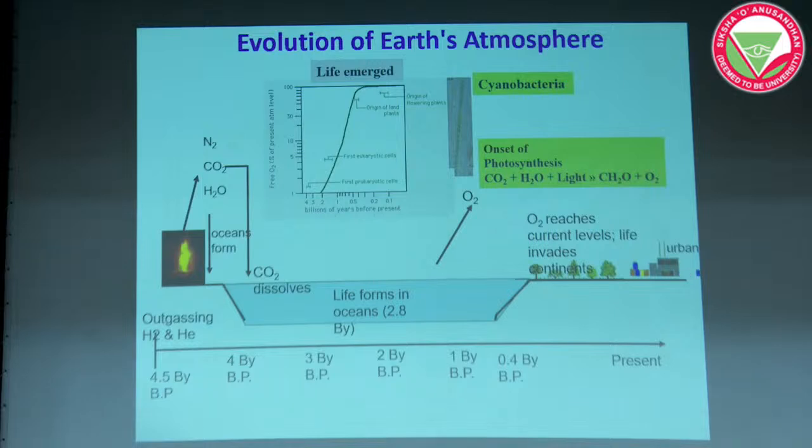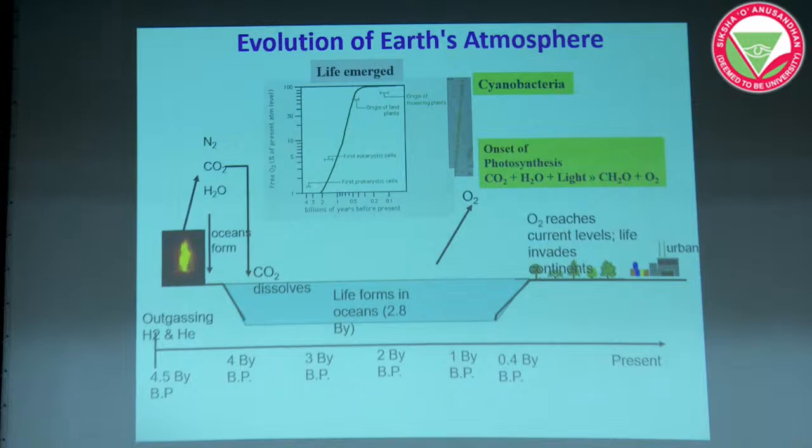But both these gases, as you all know, my dear students, are very light gases that we use in balloons, and these gases escaped. After that, we got many volcanic eruptions and also burning of comets from other planets. As a result, we got a lot of carbon dioxide along with water vapor.